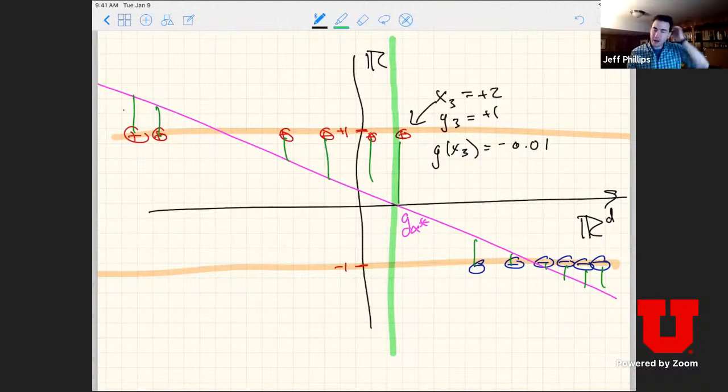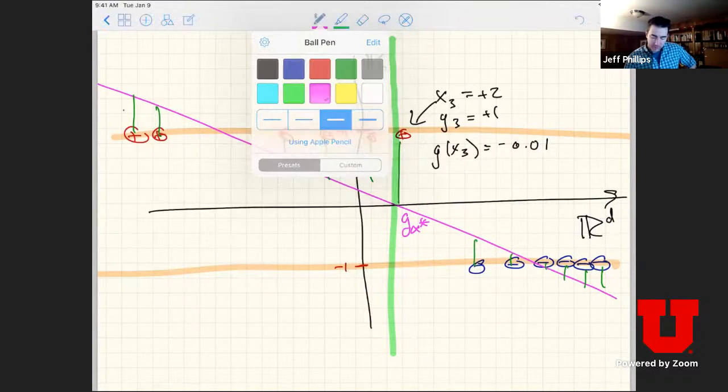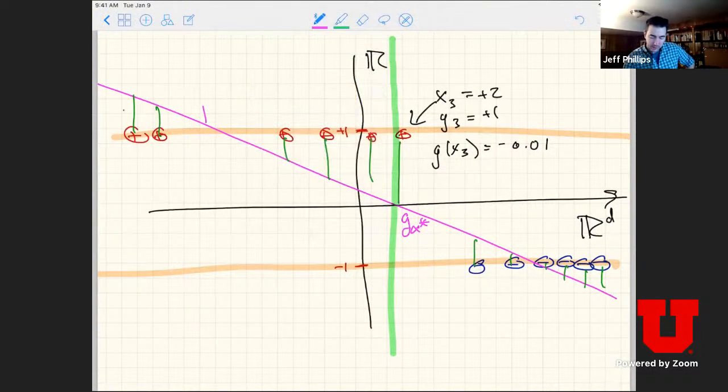Actually, it's saying that if I were to make this classifier up here, so if I increase g of x, if I increase the offset, then these errors are going to get even worse.